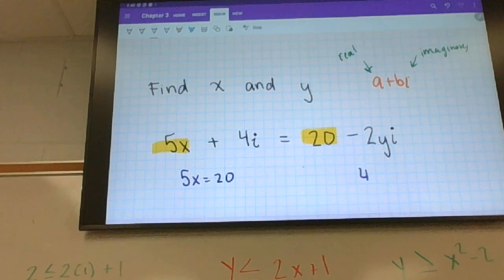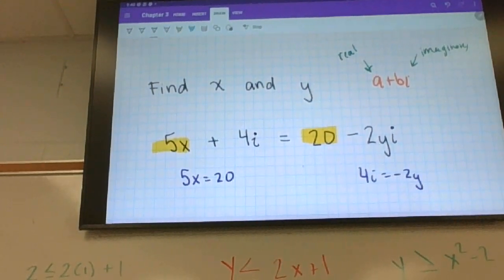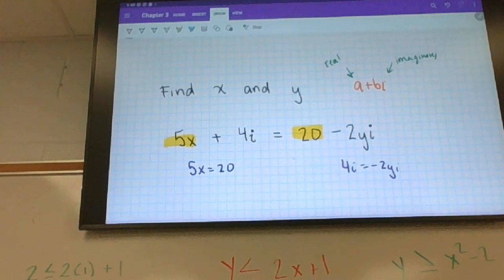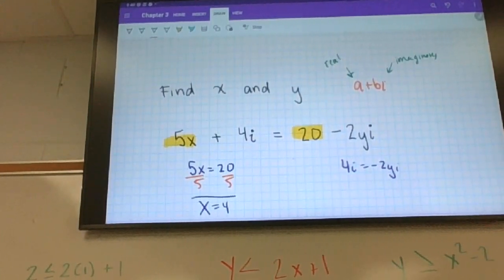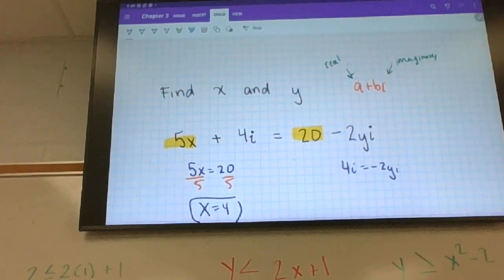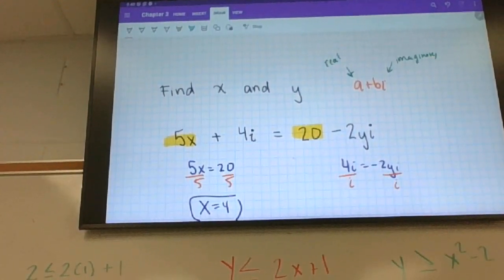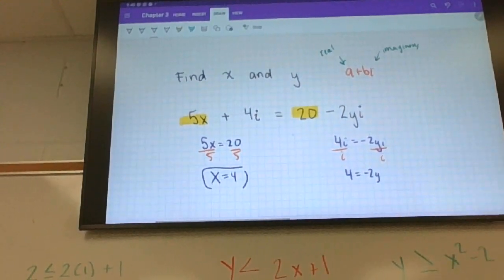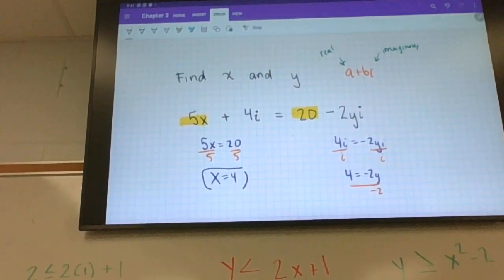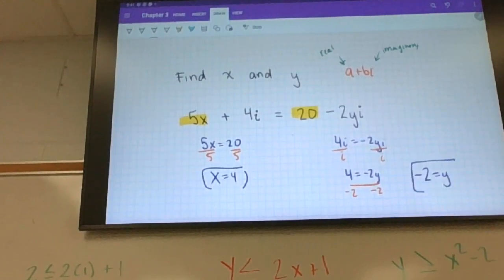You said the imaginary part equal. We got 4i is the same as negative 2i y. You divide. X is 4. Over here, you divide by i. We get 4 is negative 2y. Divide both sides by negative 2. And negative 2 is y.